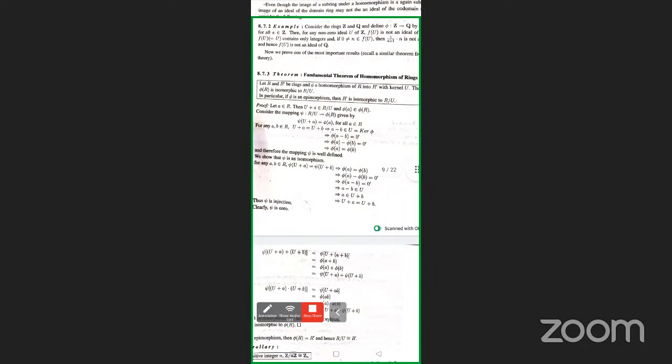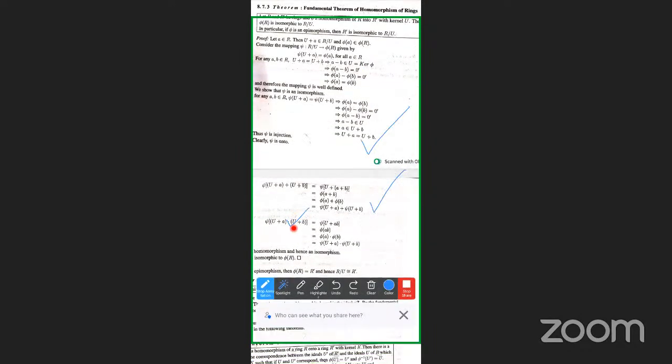So last one, psi is a homomorphism. Psi of u plus a plus u plus b is equal to psi of u plus a plus b. So the sum of two cosets u plus a plus u plus b can be written as u plus of a plus b. So psi is defined as psi of u plus a is equal to phi of a.